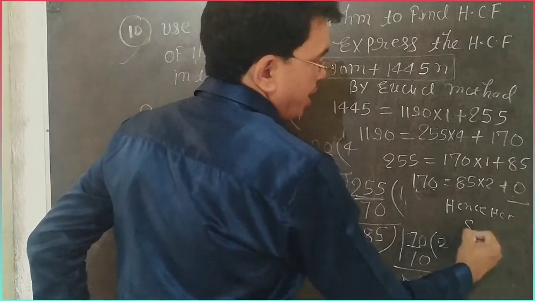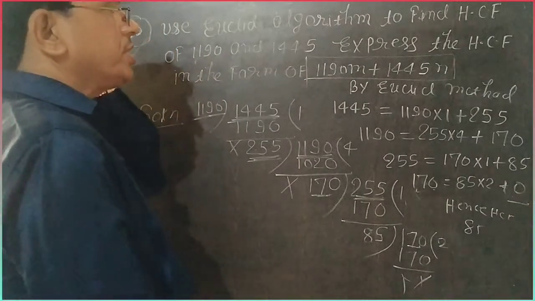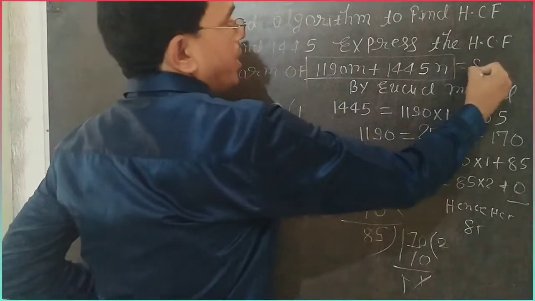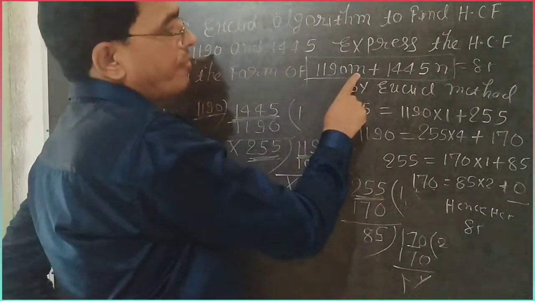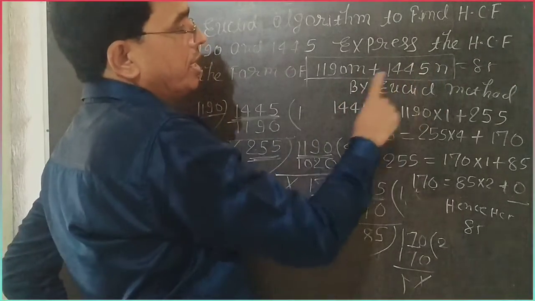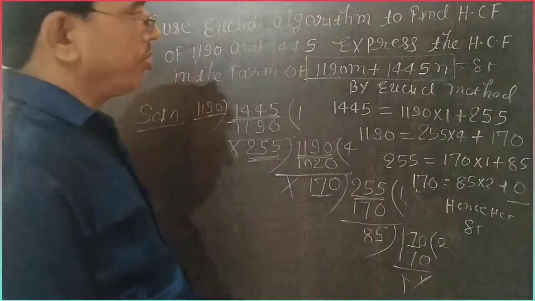is 85. If the HCF is 85, then for your question, you arrange the HCF 85 in the form of this. That means, what is the value of m and n in this equation, so that when we put them, you get the HCF 85. So now see this.